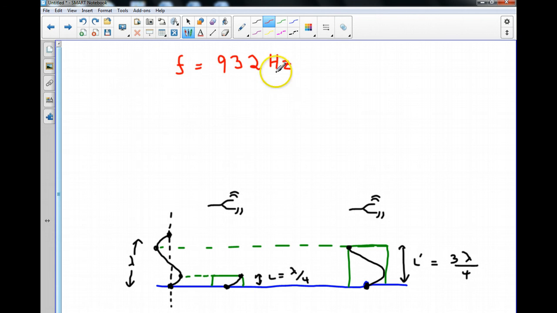Okay. Here's the frequency of the sound that's leaving the tuning fork. I'm also told that I start pulling this tube out, and when it gets to here, I stop, right? I hear a loud noise and I stop. Then I keep pulling it out, the sound diminishes, and then it gets really loud again.